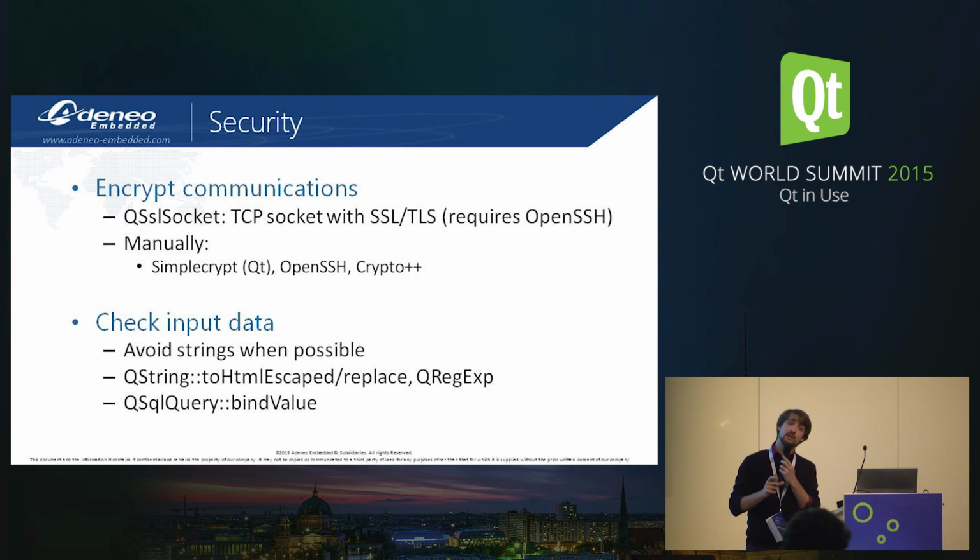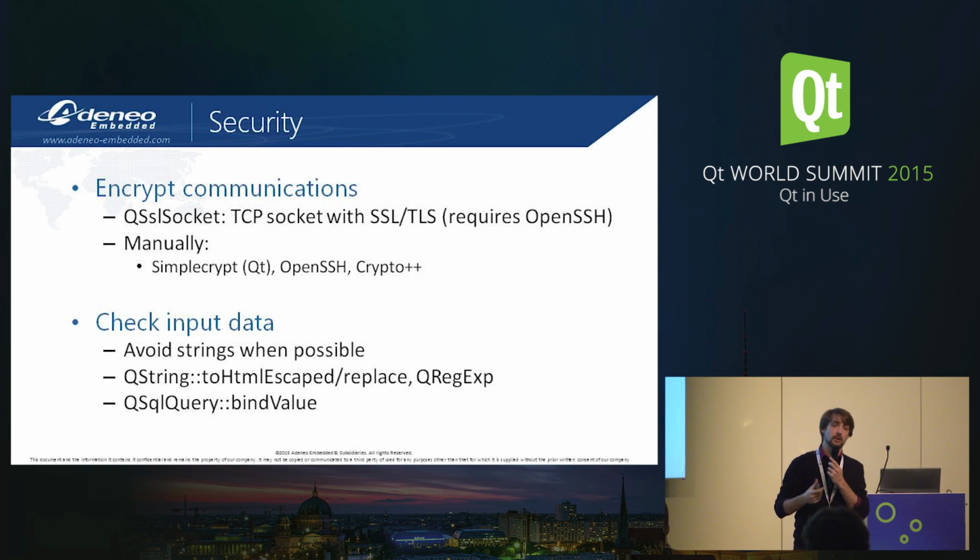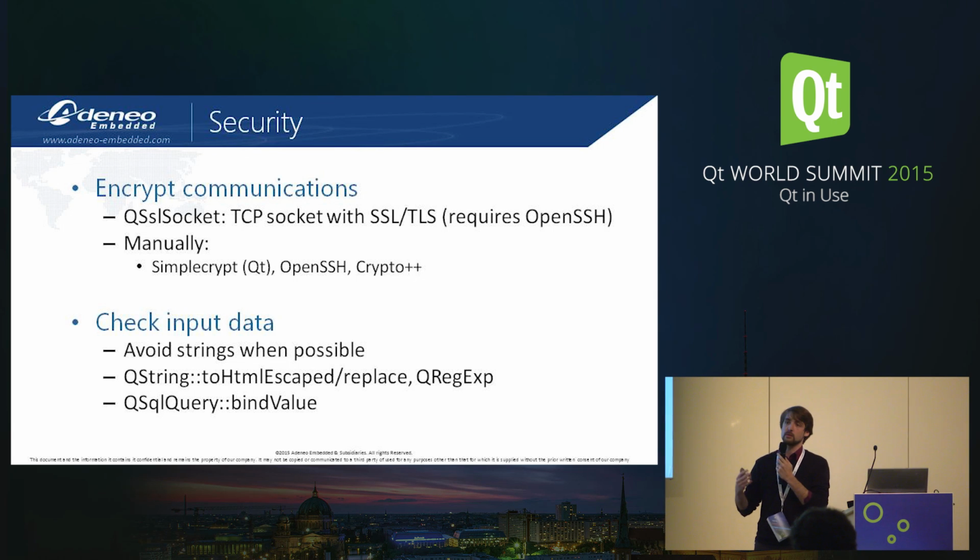So when you receive data from the network, avoid strings when possible, of course. Strings are difficult to analyze and verify that you have the appropriate information in them. If you have integers, just manage them as integers, unsigned or signed, to make sure that the data that you receive is correct and cannot compromise your system.